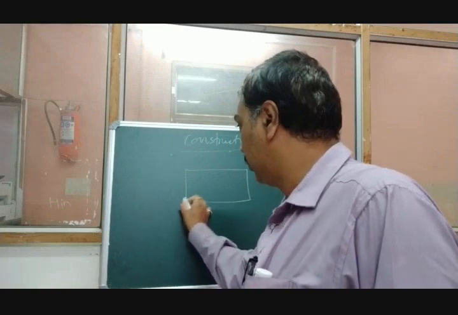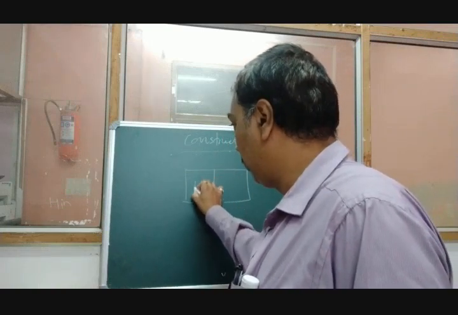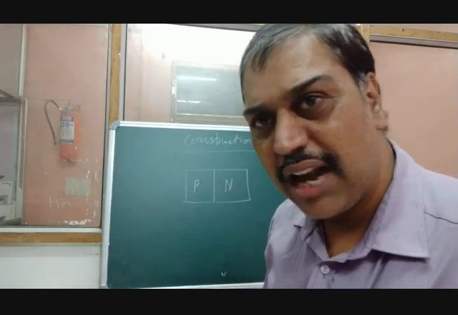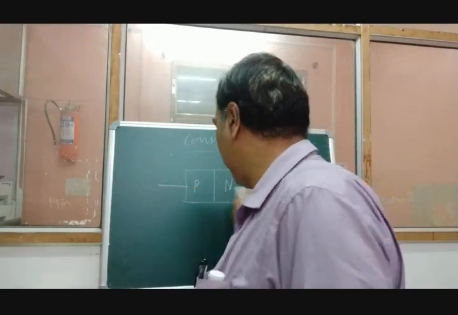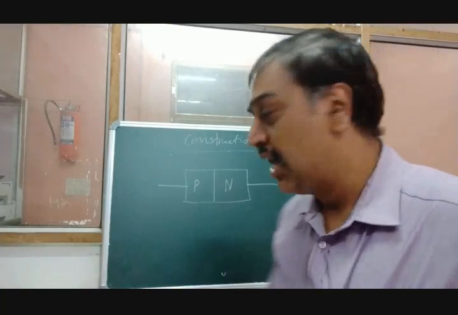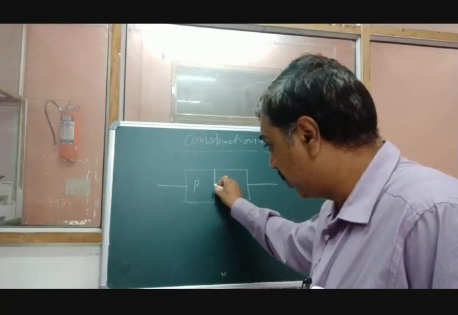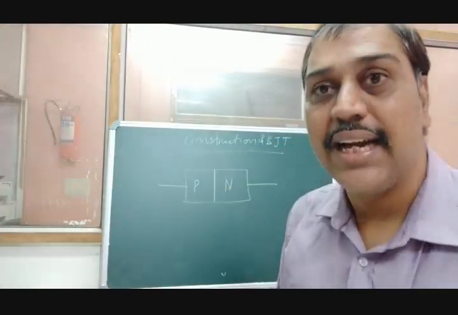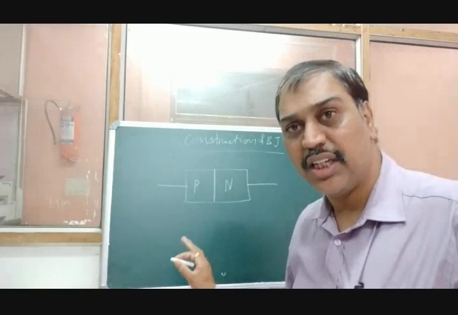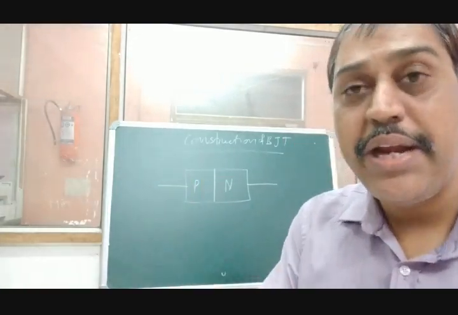This is the region and this is said to be P type of semiconductor, this is N type of semiconductor, and if you draw the terminal from this P, this is one terminal, this is another terminal, this is the PN junction diode. And this boundary between these two regions P and N is said to be the PN junction, and the diode is said to be PN junction diode.